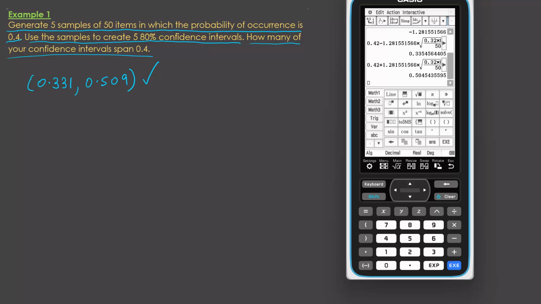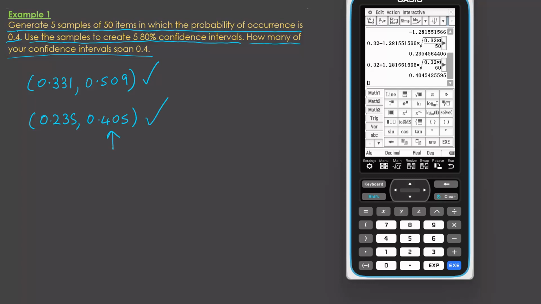I didn't change the 0.42 there, so I need to change that to 0.32 as well. And that's 0.235 and 0.405. So 0.4 is included, but only just at this end.